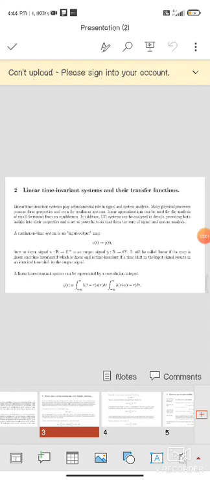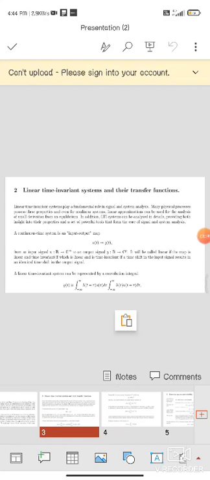In addition, LTI systems can be analyzed in detail, providing both insight into their properties and a set of powerful tools that form the core of signal and system analysis.